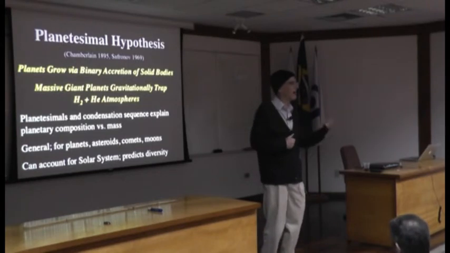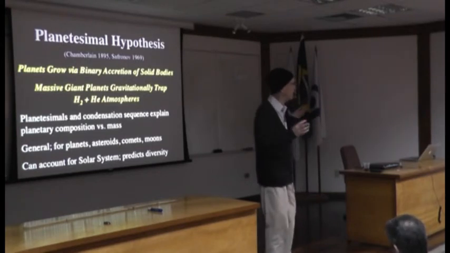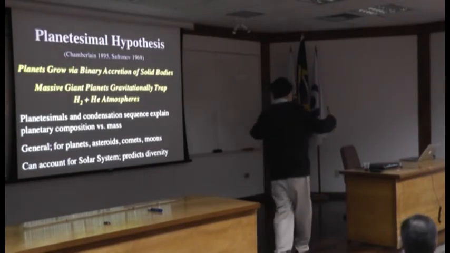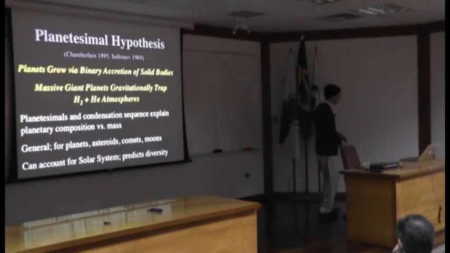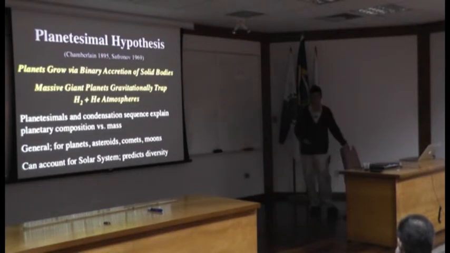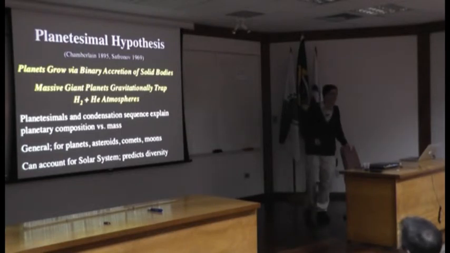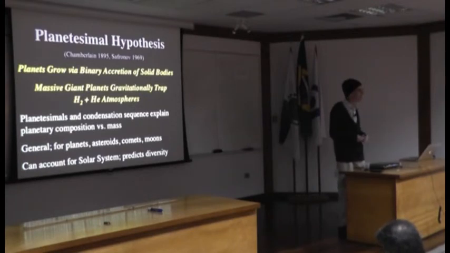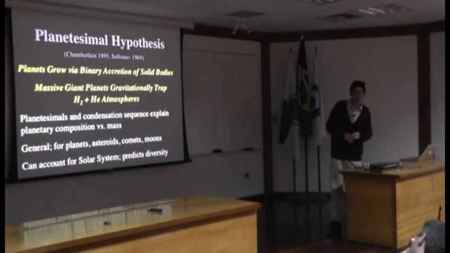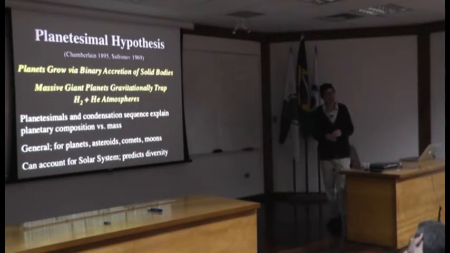And the extension of that for the giant planets is they became massive enough that they were able to gravitationally attract substantial quantities of hydrogen and helium because they were the most common things around. Chamberlain actually thought the disk formed from a passing star dragging material out of the sun. And that's not correct. So we've got something from Laplace and Kant and something from Chamberlain.